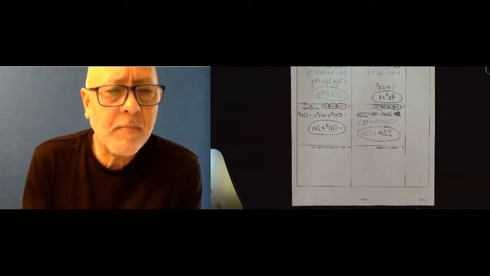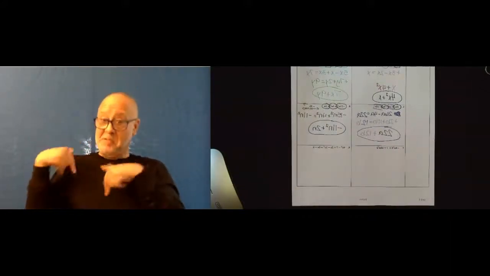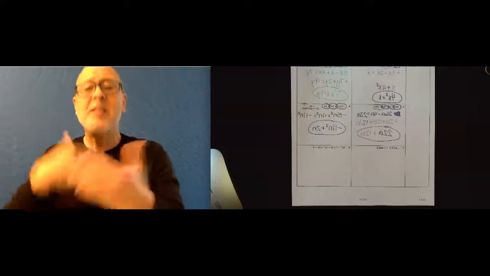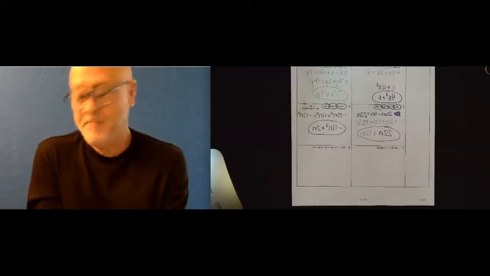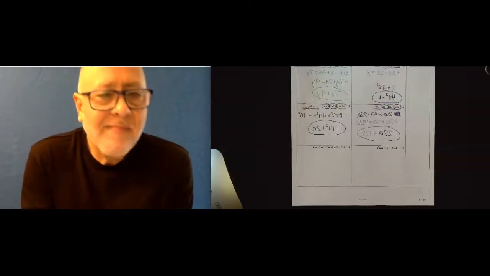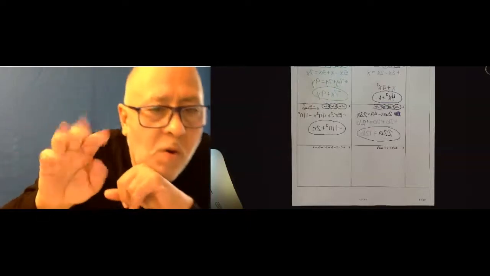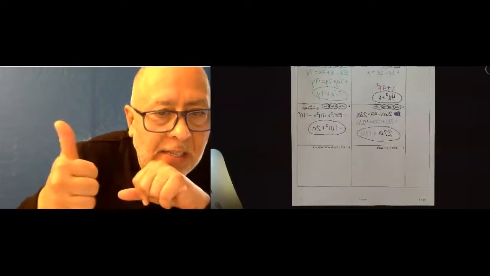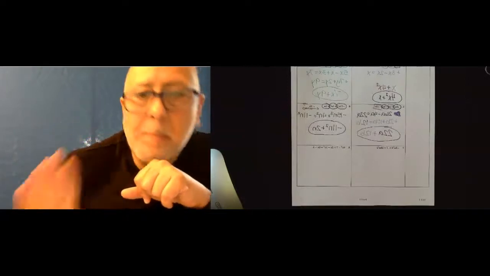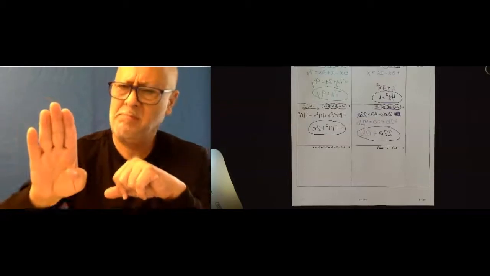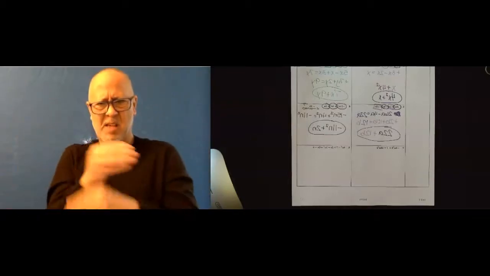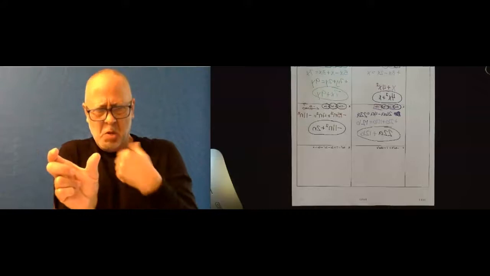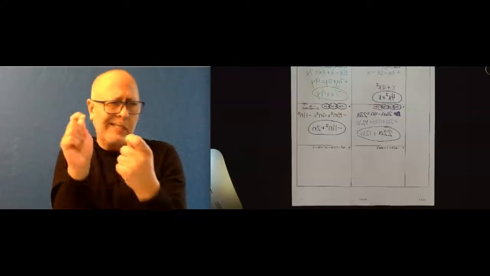So far, so good. Next one. Negative 4a squared b plus 7 plus 10a squared b. Looking at this expression, I need to see, do I have something exactly alike?